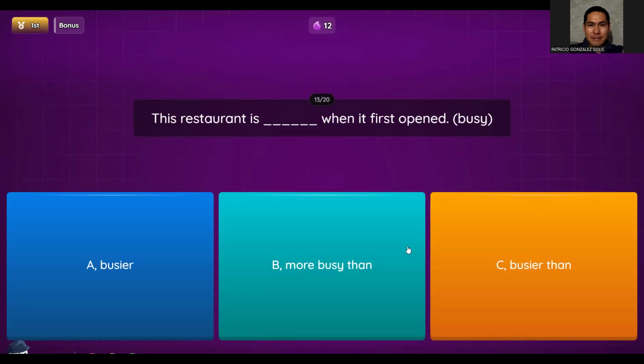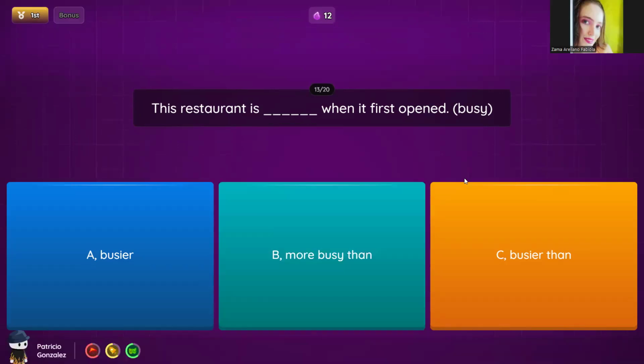Another way to compare. Yes, my dear Fabi, please. This restaurant is more busy than.